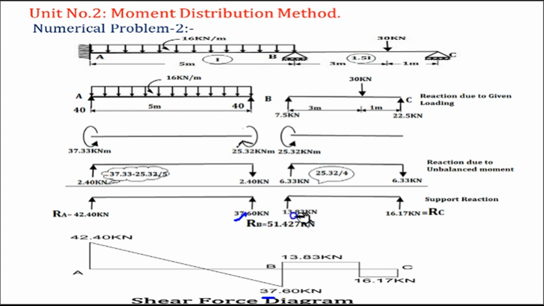And the next value is 13.83 kilonewton. With no load, so a straight line up to this point load. So 13.83 kilonewton positive minus 30 kilonewton, you will get 16.70. That means your calculations are correct. Okay, so this is your shear force diagram. Okay, thank you.